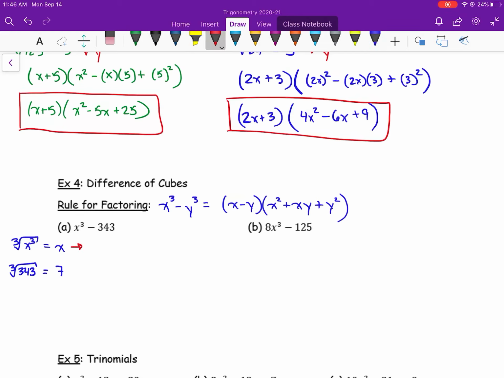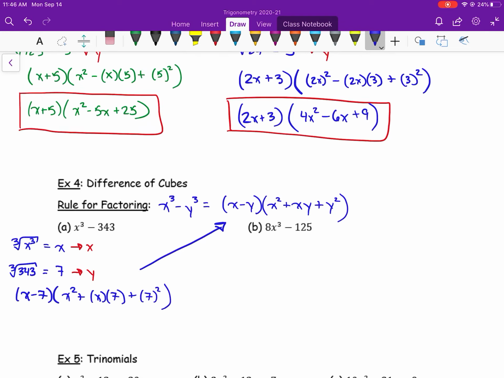So again, x will be x, 7 will be my y. Plug into my formula. This will be x minus 7 times x squared plus x times y plus y squared.